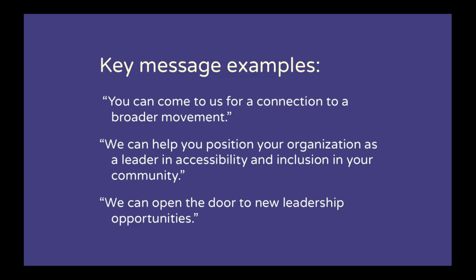For another organization and a separate audience, they want to communicate, we can help you position your organization as a leader in accessibility and inclusion in your community. That was a message directed to corporate supporters and businesses that were participating in their training. Another key message is, we can open the door to new leadership opportunities.